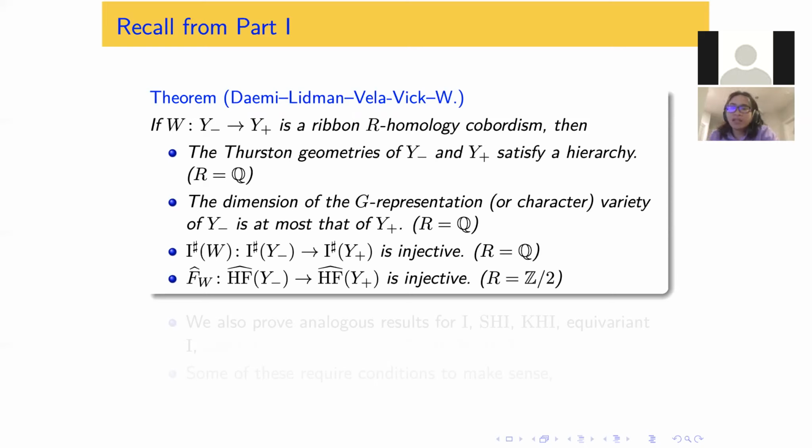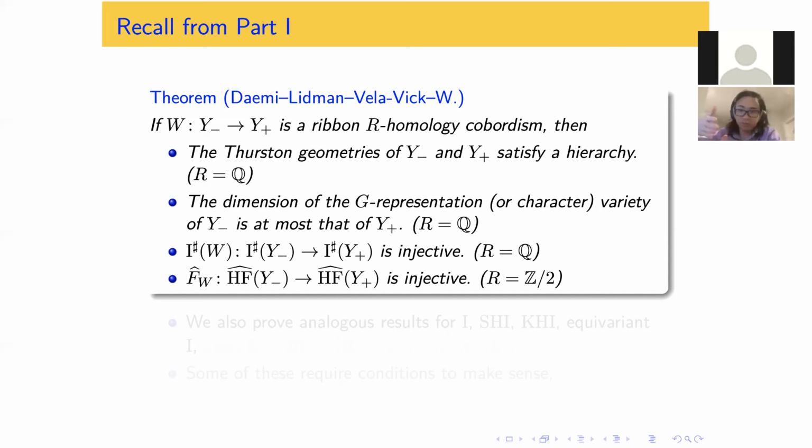If you have an irreducible G representation of pi1 of Y minus, where G is a connected compact Lie group, then you can extend the representation to pi1 of W, the cobordism, which then restricts to pi1 of Y plus to get a G representation of pi1 of Y plus.